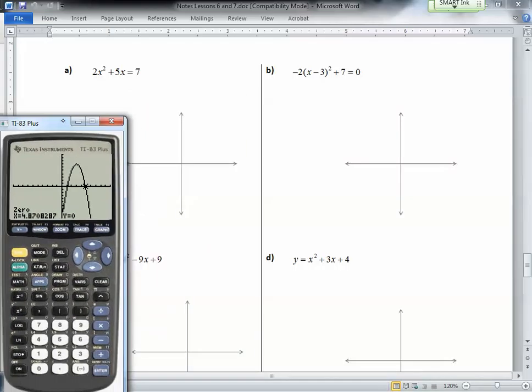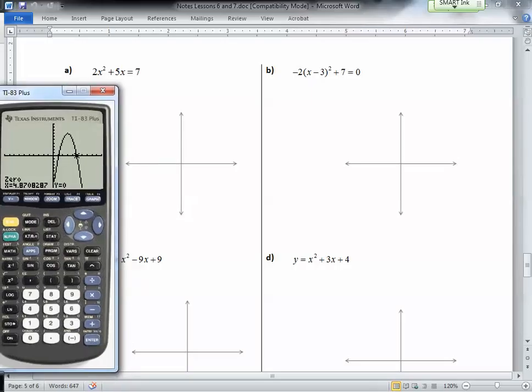Okay, so now we can go ahead and sketch our graph and we can label those. So I can see my graph starts down here, crosses, comes up, maxes out, comes back down. My first x is at 1.13 comma 0.